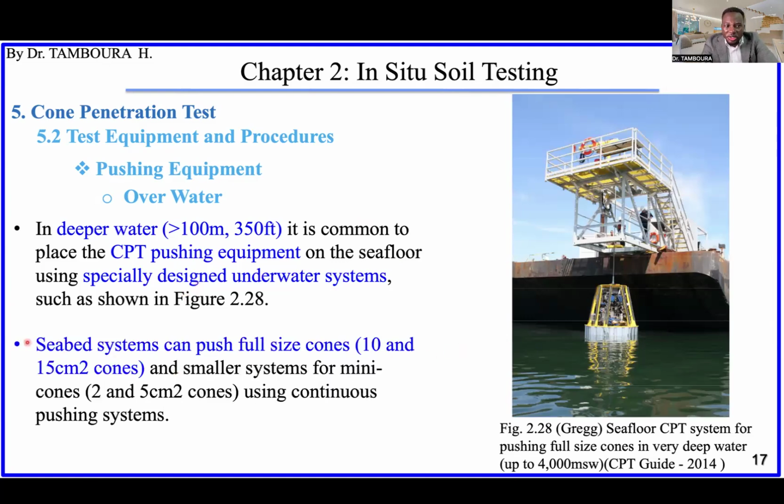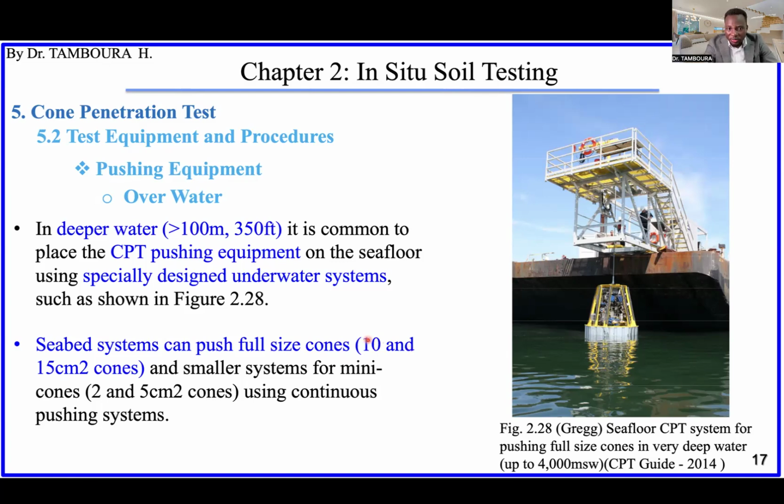And if we reach the seabed, this kind of system can push a full-size cone. We have seen different sizes of cone, right? From 2 square centimeters to 40, right?